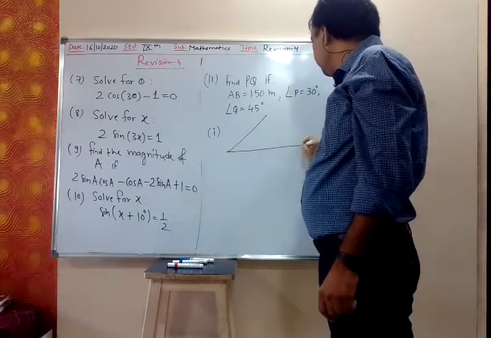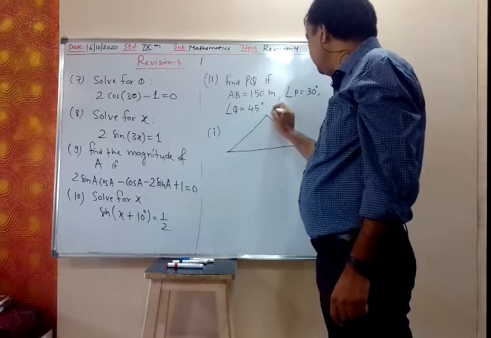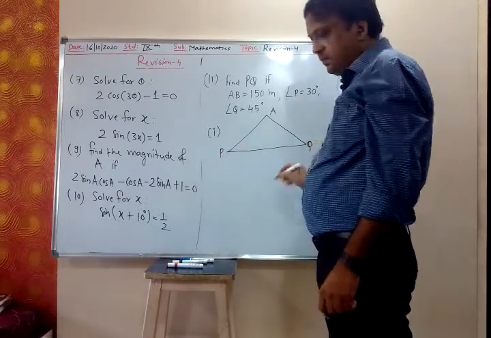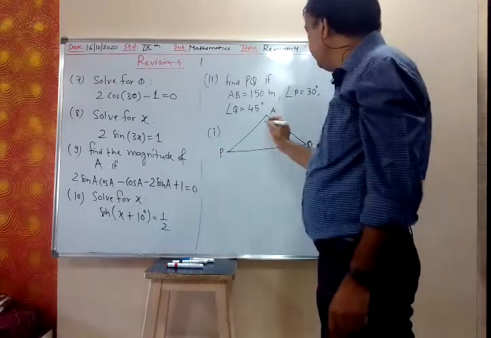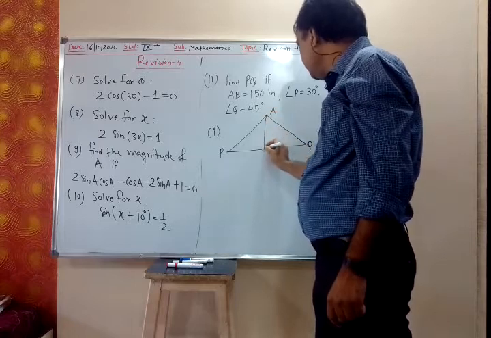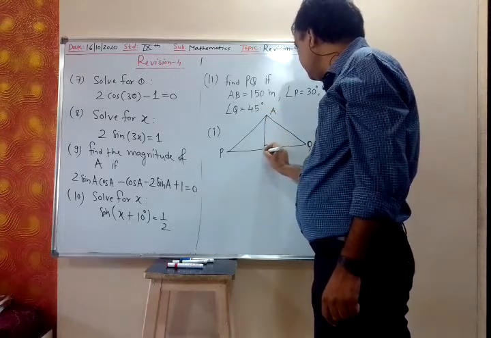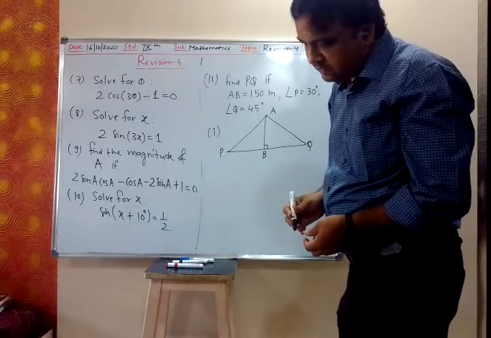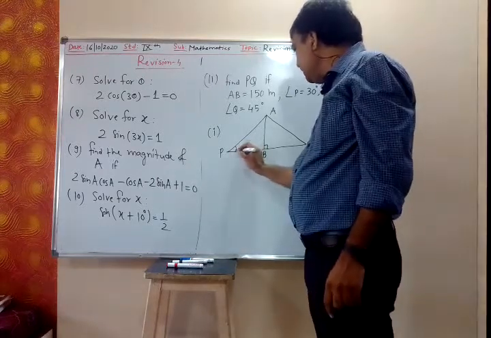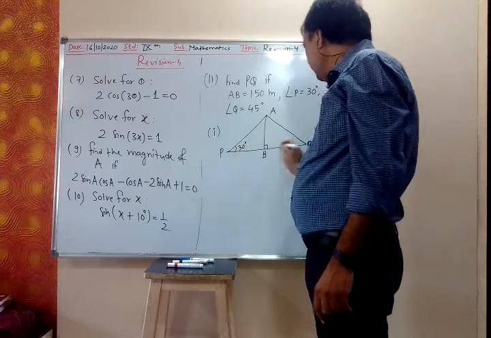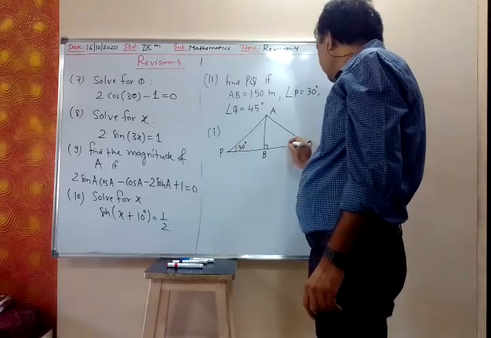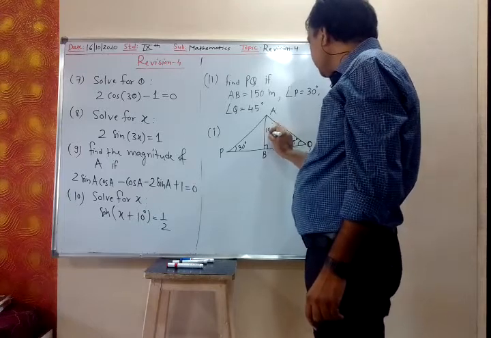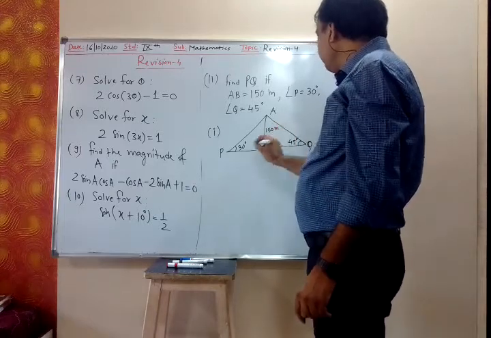This is APQ, and this AB is perpendicular to PQ. Angle P is given 30 degree, angle Q is 45 degree, and AB is given 150 meter. Find PQ.